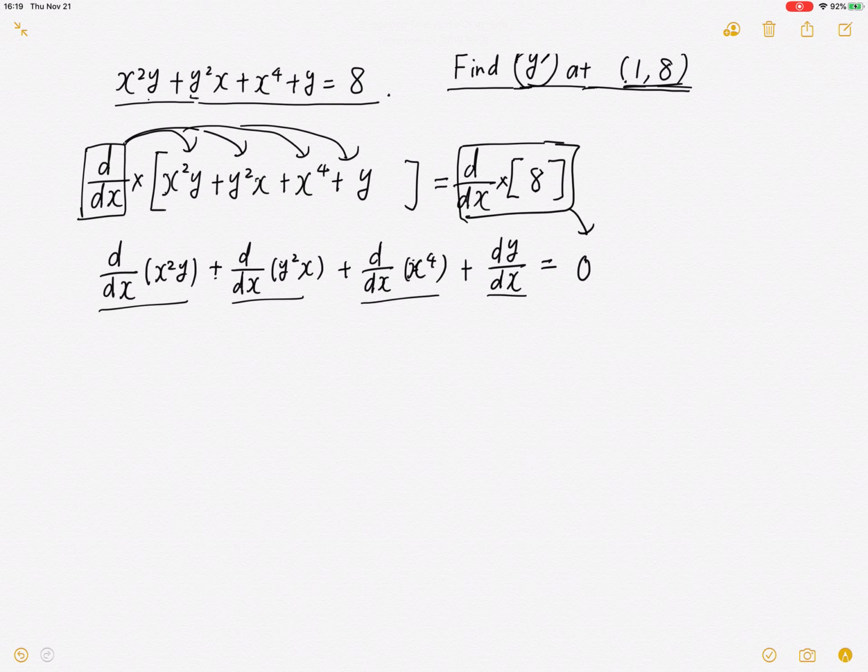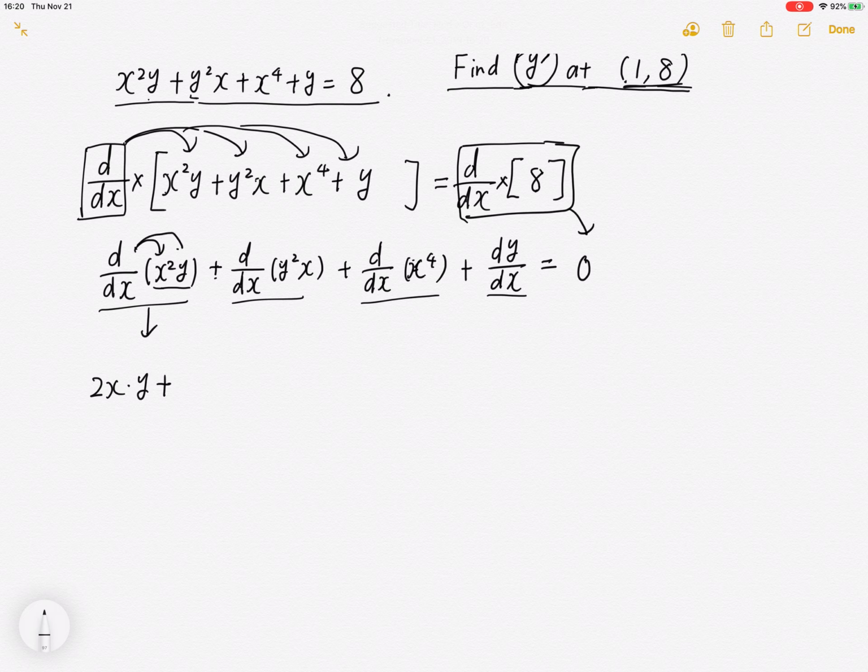But we need to evaluate these 4 terms. Well, the fourth term is already found, and that's what we want. But how do we calculate this term? Well, if you remember, it goes like this. You treat this as a product function, and then take the derivative of x squared first, you get 2x, and then y stays the same, right?